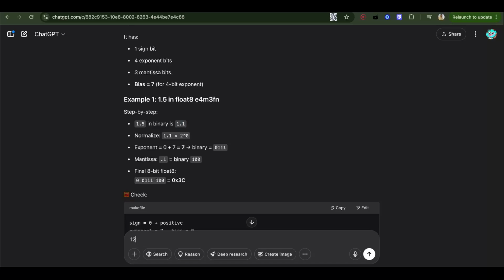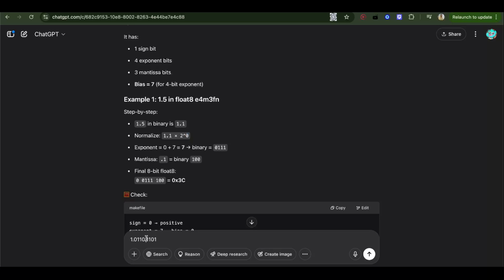If we have any kind of number like 0.something, we need to move this dot so it's before the first one, like this. And the number of places we move this dot, we're going to multiply with 2 to the power of that number.